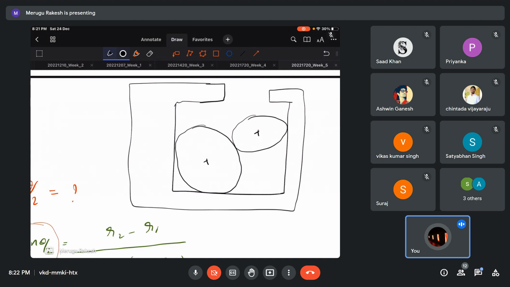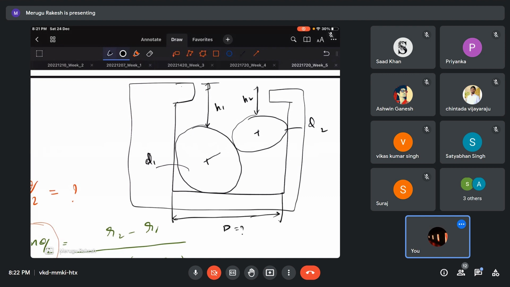They will give everything for you. This length, you have to find D. The rest they will give, like this diameter, this diameter, and the heights h1, h2, d1, d2. Okay, and they are asking you to find this width D.